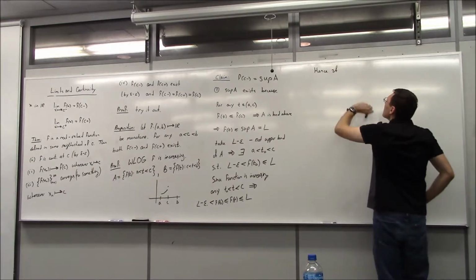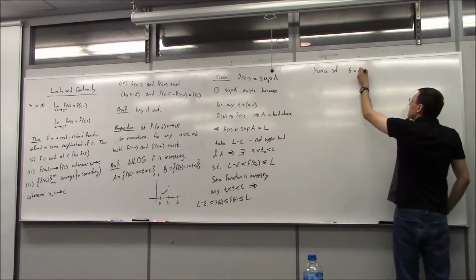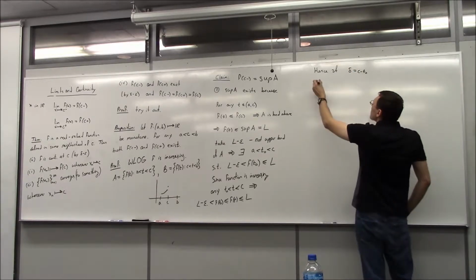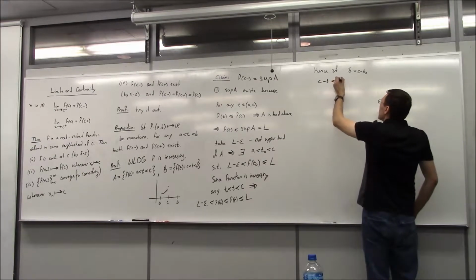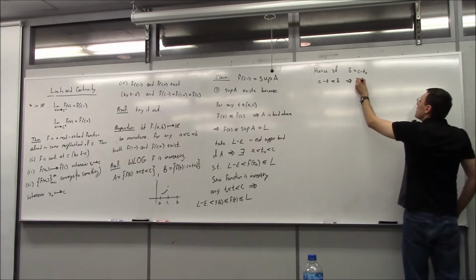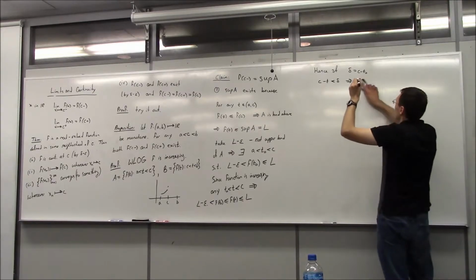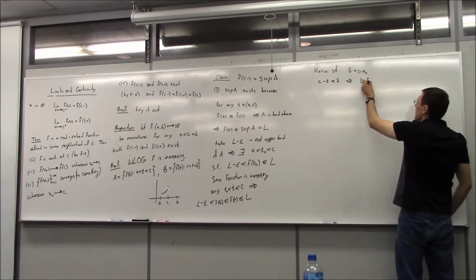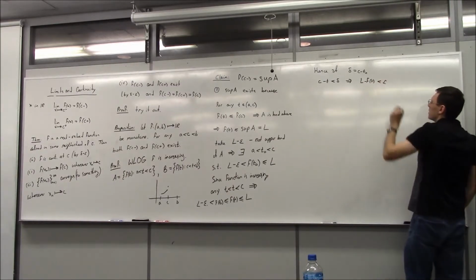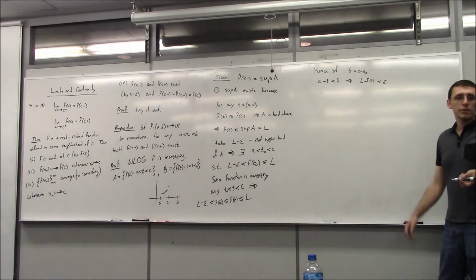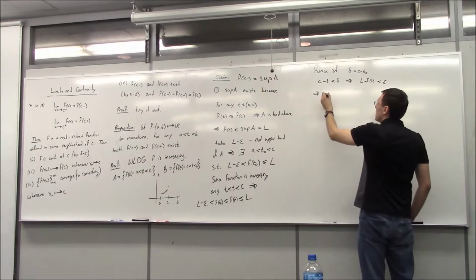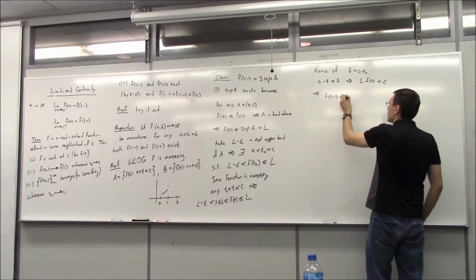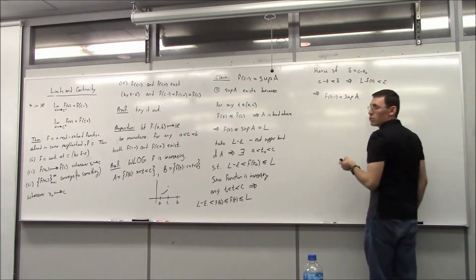Hence, if delta equals c minus t0, we have c minus t less than delta implies that L minus f of t is less than epsilon. That's because it's increasing, I don't need the absolute values. So we are done. Our implication is indeed that f of c minus equals the supremum of A. Make sure you understand it.